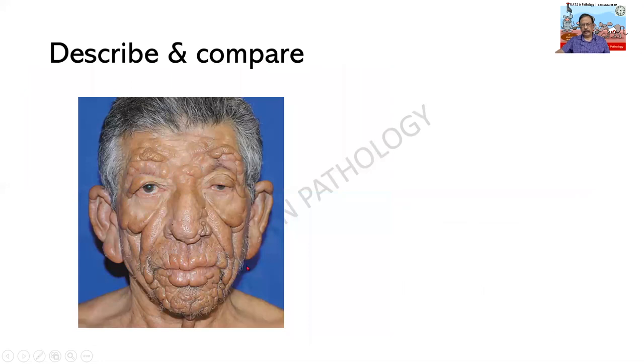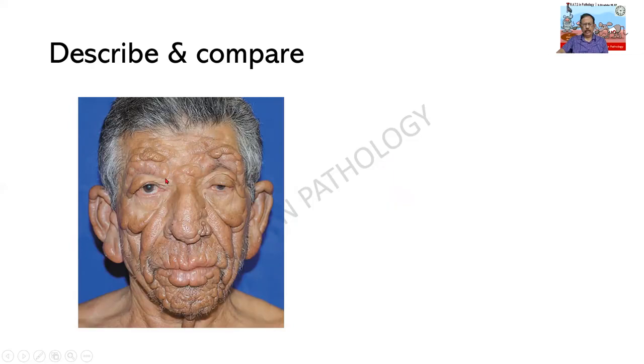This I would like you people to describe. So what are you seeing in this? In this patient, I am finding a coarse facial feature. Coarse. It is very rough. It is bilaterally symmetrical. And there is a loss of eyebrows, loss of the eyelids. So obviously the patient can be exposed to exposure keratitis.